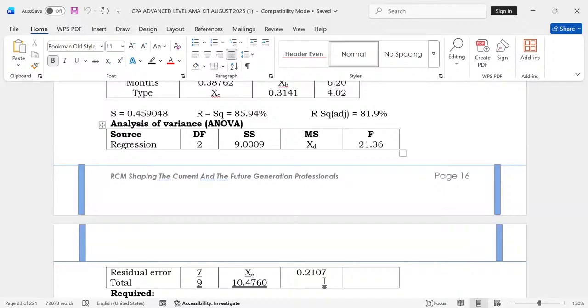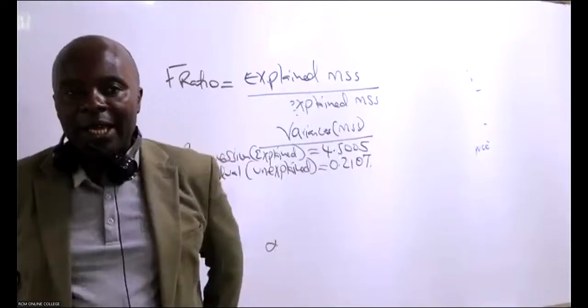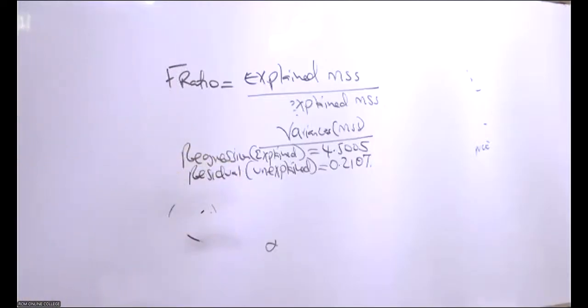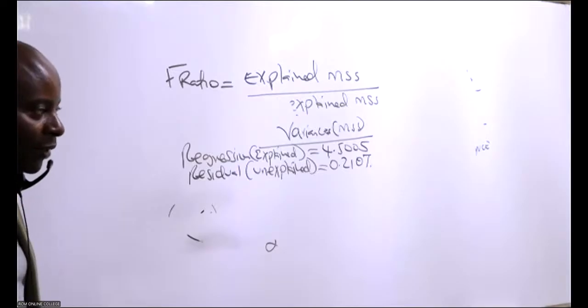Now, given these two that have been very well explained, is there someone who can give me the F ratio? Because already I've given you the formula and I've taken my time to explain what explained variances and unexplained variances are.